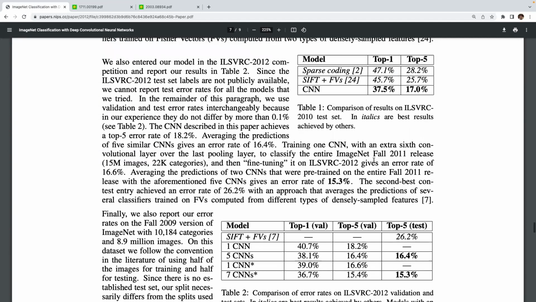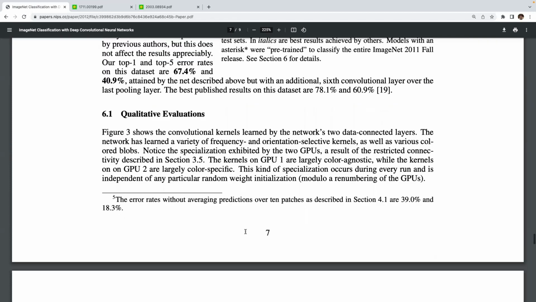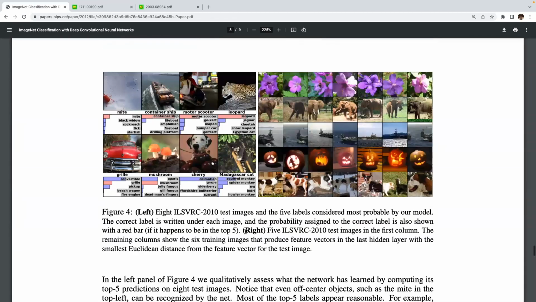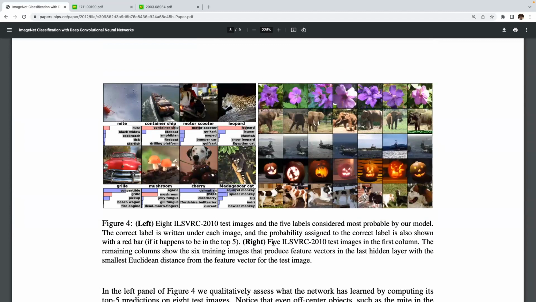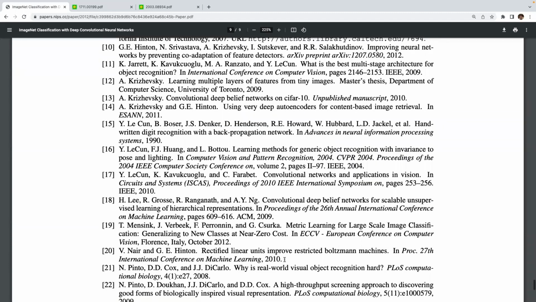Down here is where they have tables. Here you can see they're comparing the accuracy of their networks with the existing state of the art from the past. And towards the end, they have a more interesting figure, where they're actually showing the results on the classification problems. So that's a very high-level skim through that paper.